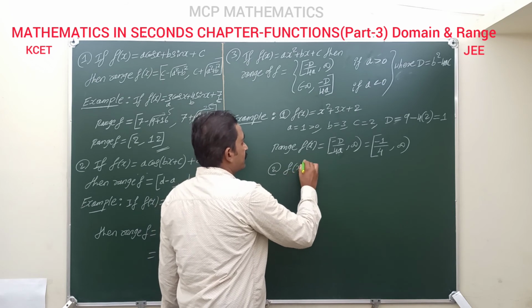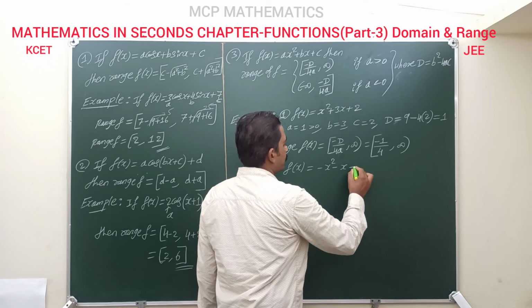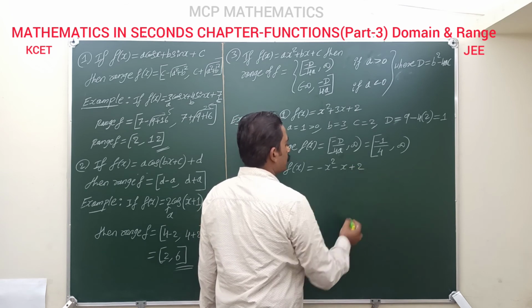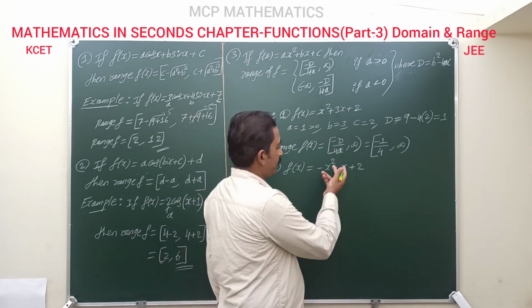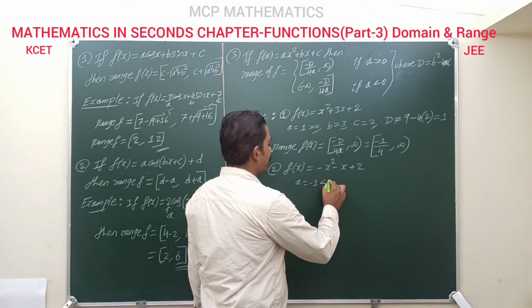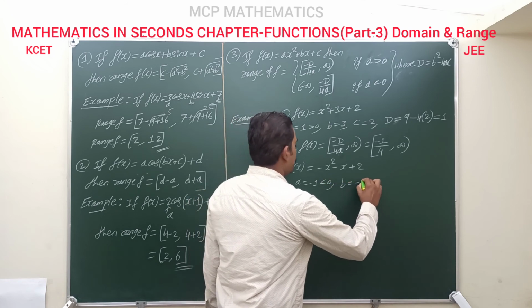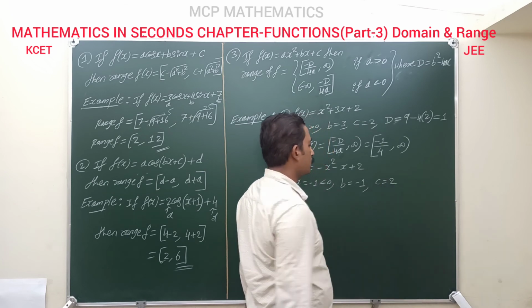f of x is equal to minus x square minus x plus 2. So here a is equal to minus 1, less than 0. b is also minus 1. c is equal to 2.